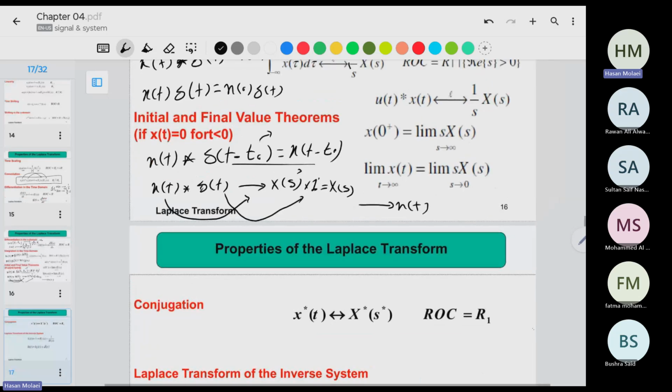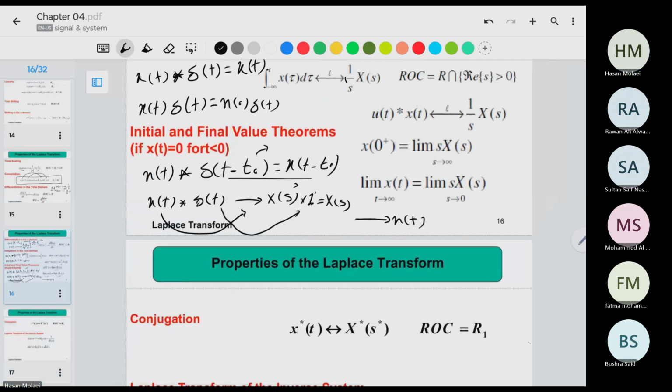If we convolve u(t) with anything, the convolution of u(t) by x(t) is the integral. Integral in S domain is 1 over s.